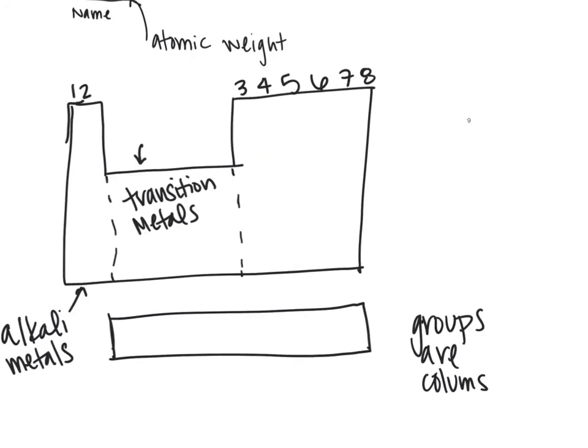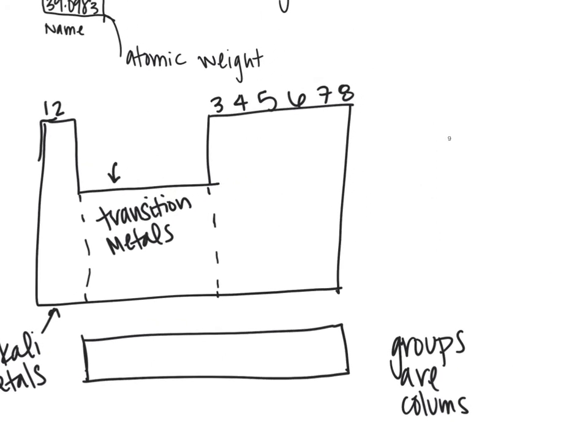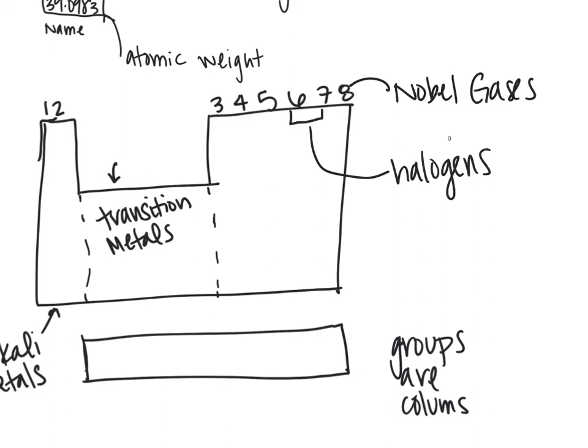So over here in row 8, these are the noble gases. And so these are relatively inert. So these over here tend to be the halogens and the chalcogens. Most people don't tend to use the word chalcogens.